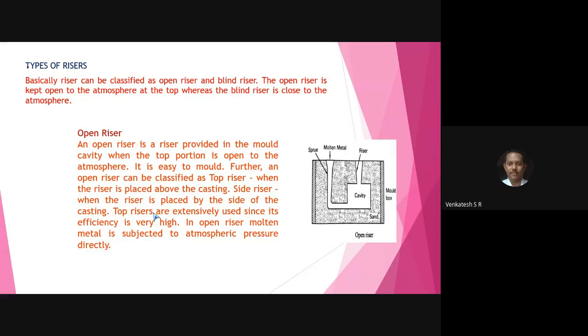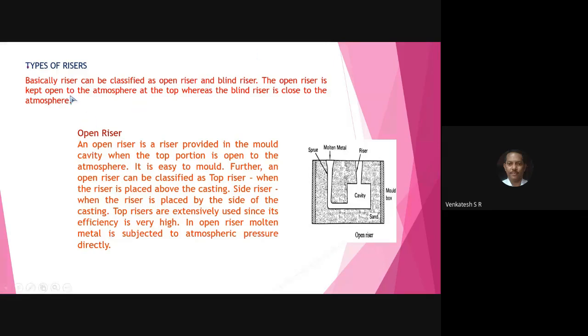For this question, write down at the start: what is a riser? Please all of you write down, what is riser? Put a question mark. Explain briefly with neat sketch types of risers.